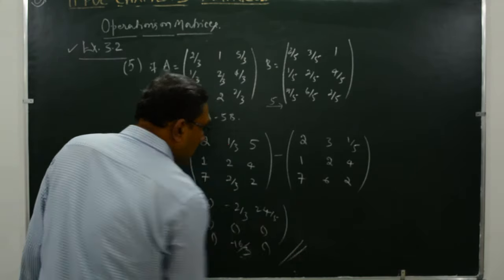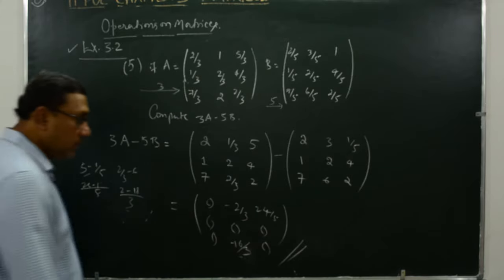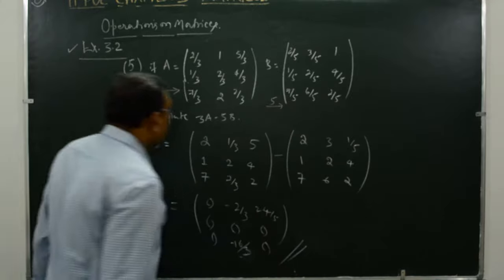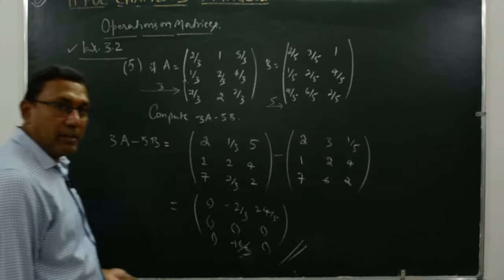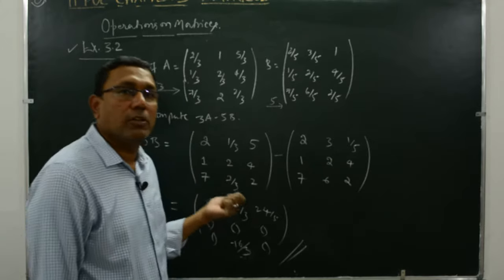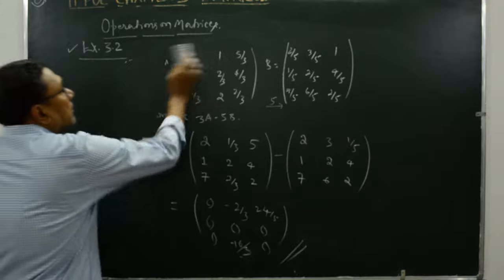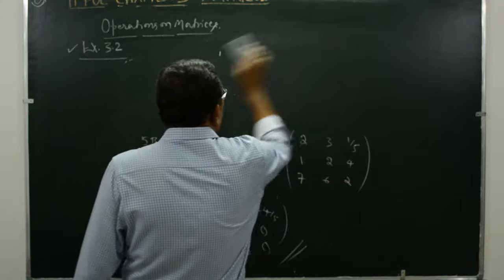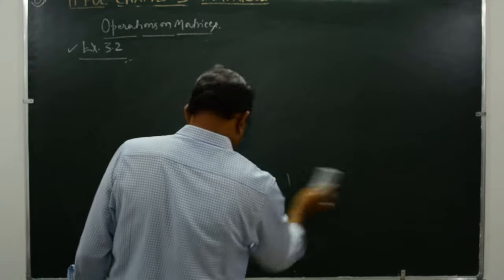This is the resultant matrix, and which is the answer for question number 5. Right? We have here scalar multiplication and also a subtraction of two matrices. Let's move on to question number 6 in exercise 3.2.